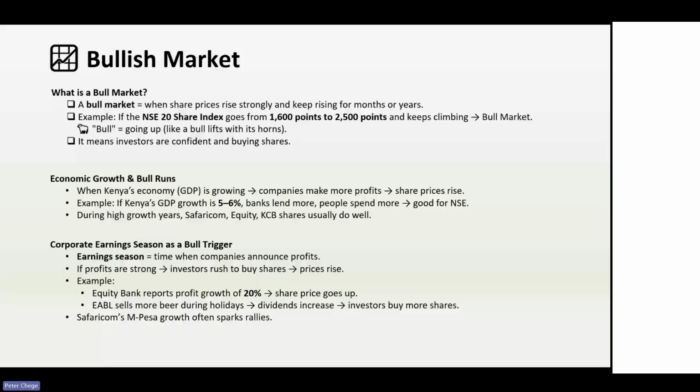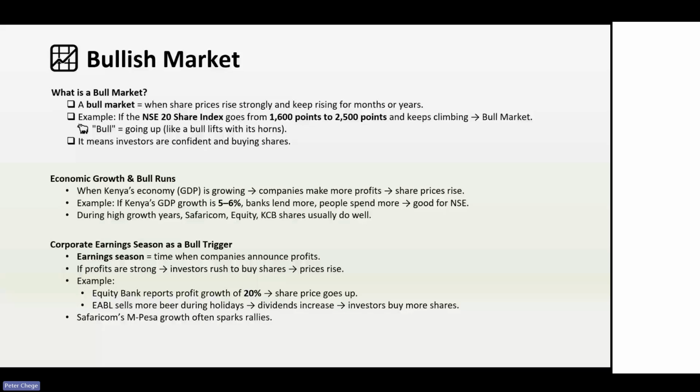A good example, we have seen Safaricom, even Equity, KCB, and other shares performing well during the economic growth. And these are the contributors of the NSE 20 share index. Then, as I said last month, I think for the last two months, most of the companies have been announcing their earnings.